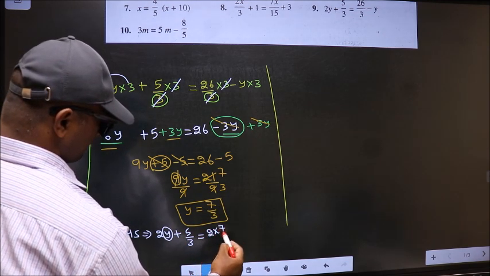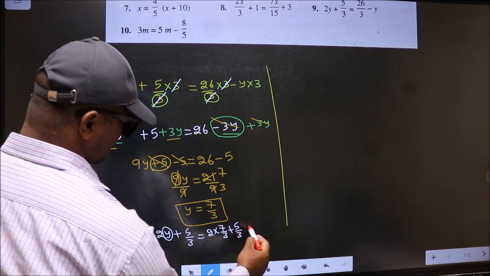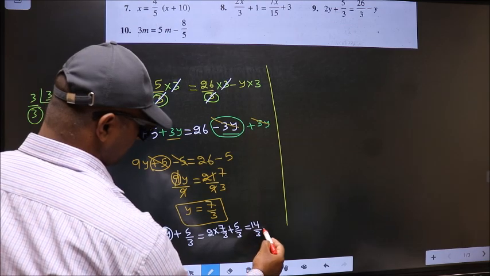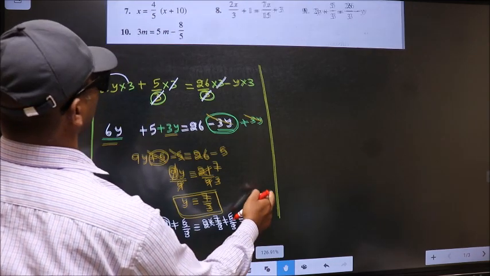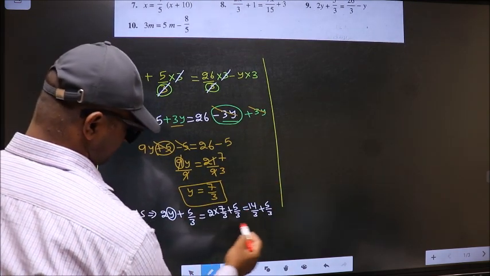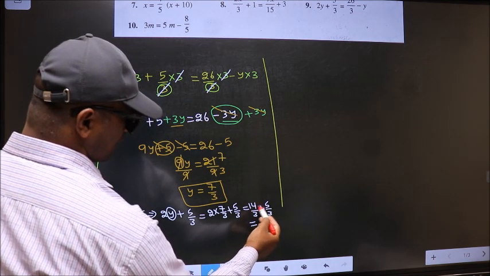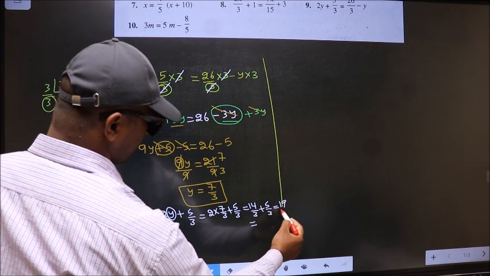So 2 into 7 by 3 plus 5 by 3, that is equal to 2 into 7 is 14 by 3 plus 5 by 3. Now denominators are same, so add the numerators. 14 plus 5, 19 by 3.